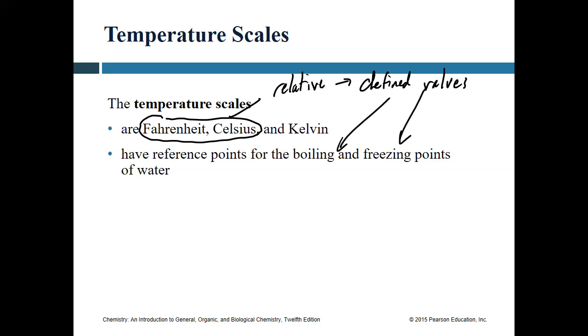So the Celsius scale permanently and purposefully defined the freezing point at 0 and the boiling point at 100. The Fahrenheit scale did something similar, only 32 and 212.